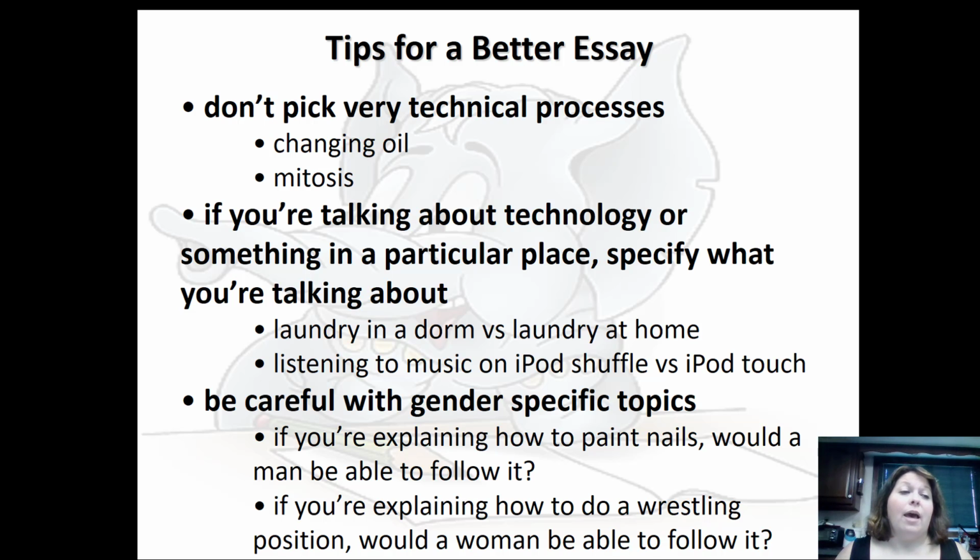Another topic that could be really difficult, not because of the process itself, but because of all the stuff that goes with it, would be a topic like changing oil. So to actually change the oil in a car isn't actually difficult. So you really just kind of drain the oil and then put new oil in, basically.